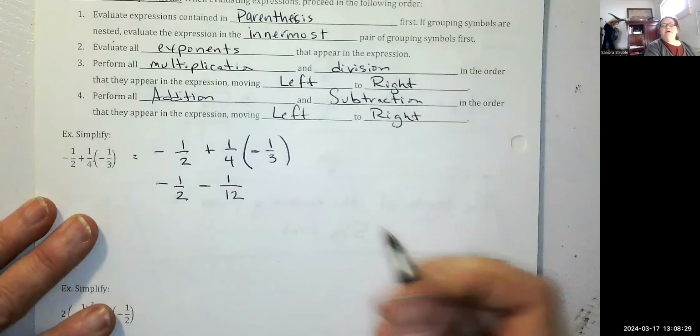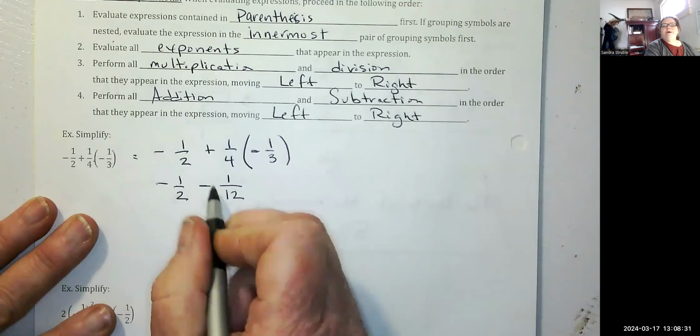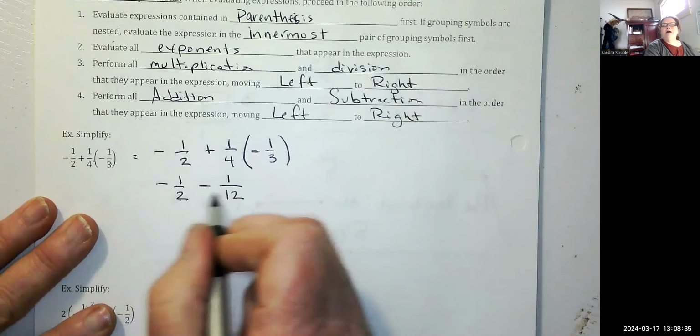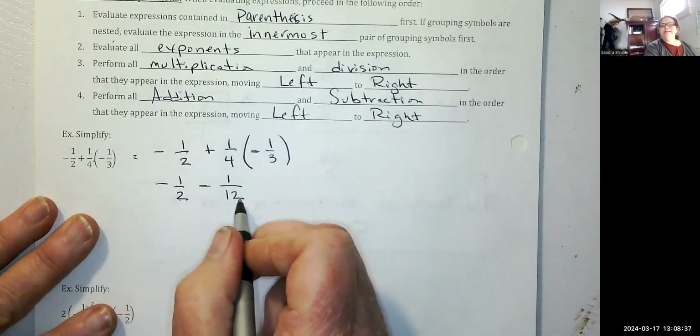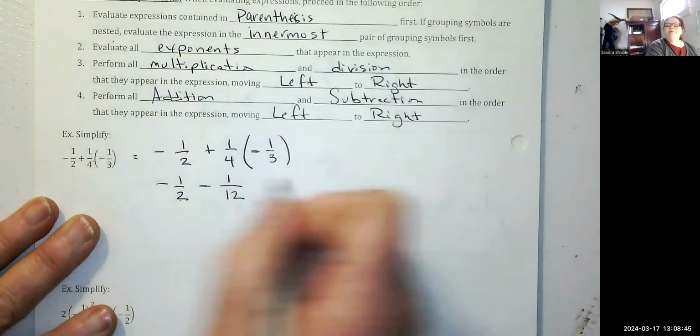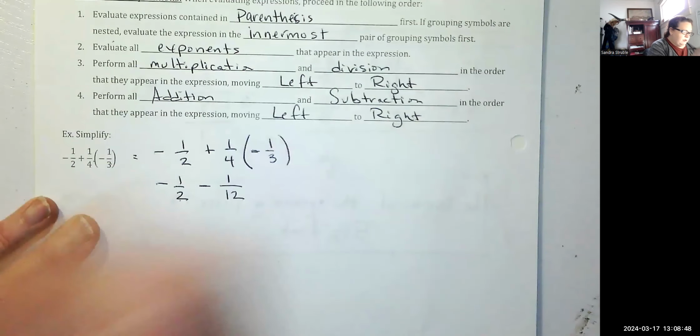All right. The signs are the same, so I'm going to add them and keep the sign, but the problem is they do not have the same denominator. So we can't add or subtract unless they have the same exact denominator. So the same denominator would be what? Well, it would be 12. So I'm going to flip these around the way I would normally write them.